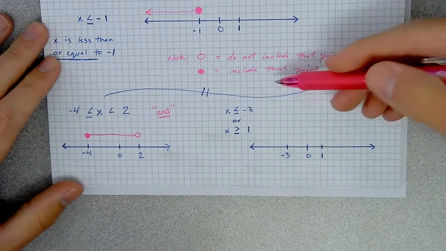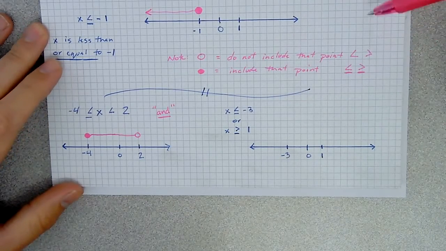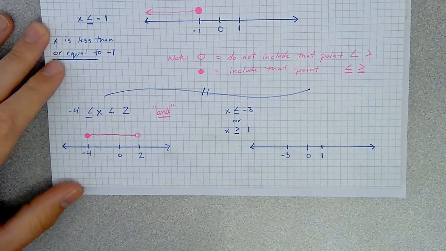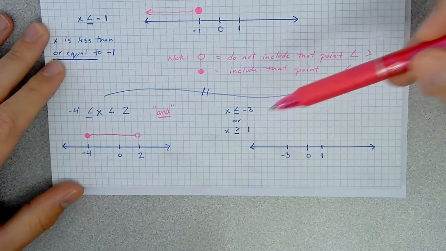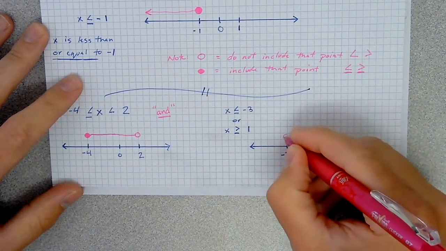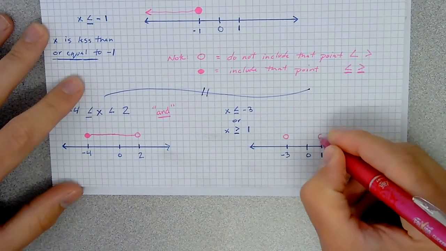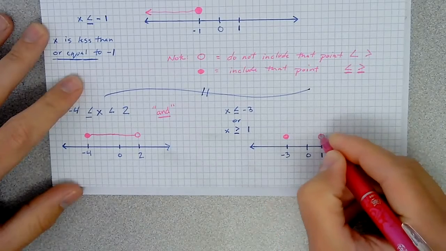Okay, our second kind of unique situation here. x is less than or equal to -3, or x is greater than 1. So we have our two boundary points. They should both be closed circles.